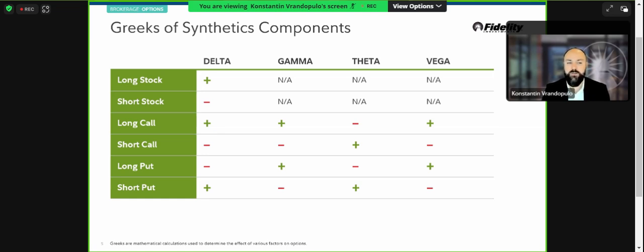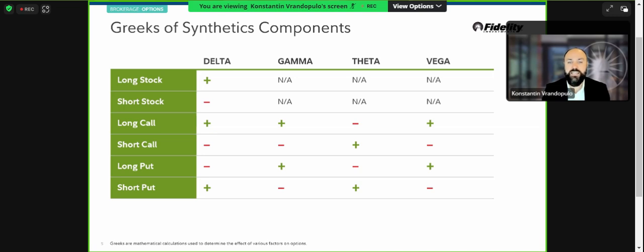You would notice that long option positions share some signage. They share signage for gamma, theta, and vega. Short option positions share signage for gamma, theta, and vega.